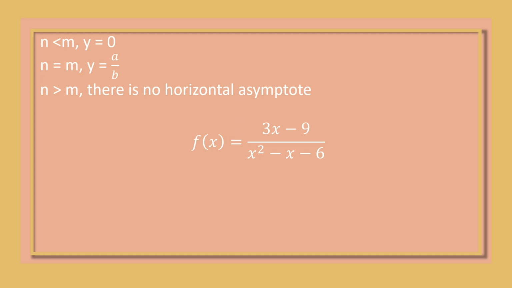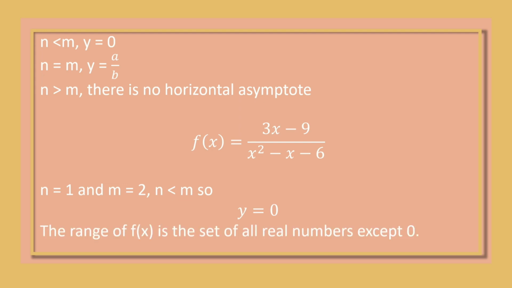Very good, it's 1. And the value of m is 2. Now, 1 is lesser than 2, right? So, y is equal to 0. Okay? The range of f of x is the set of all real numbers except 0.